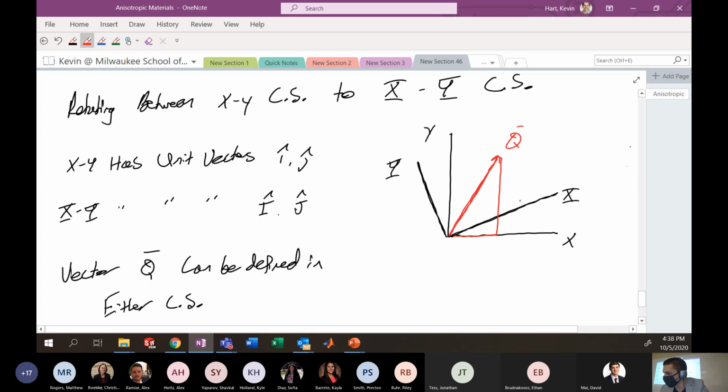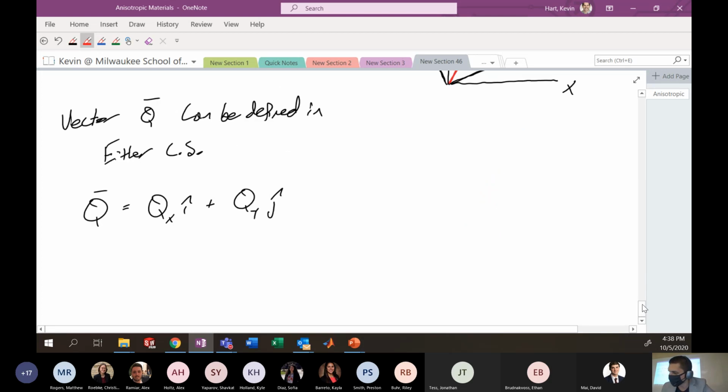You could also do it in the other coordinate system: Q cap X I hat plus Q cap Y J hat.